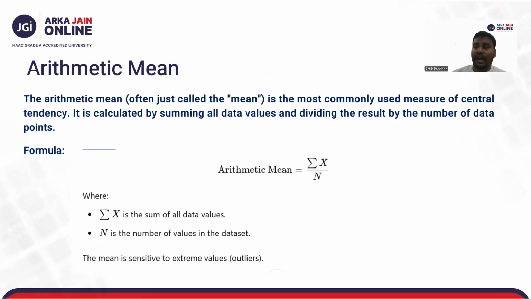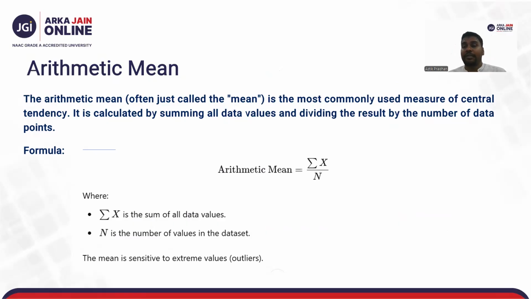So suppose we have 10 data points or 10 different values in the form of x1 to x10, how can we find the mean? In that case, first we will have to add all the 10 values starting from x1 up to x10, and then divide by the total number of values.